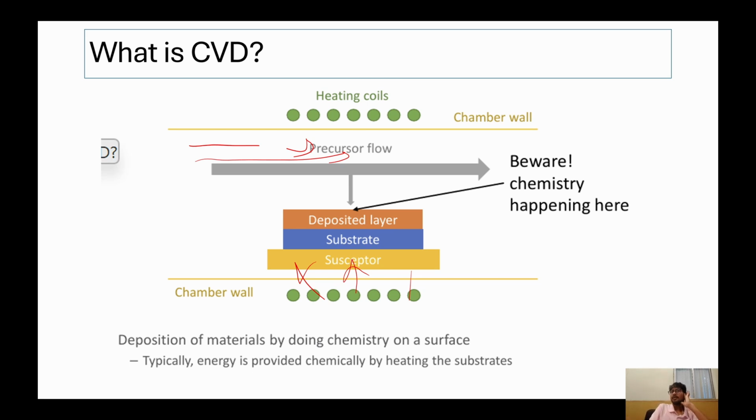If you heat the whole chamber, there will be deposition on the chamber walls as well, and if you heat the substrate, there will be more deposition over the substrate than the chamber, because the reaction needs higher temperature to take place.